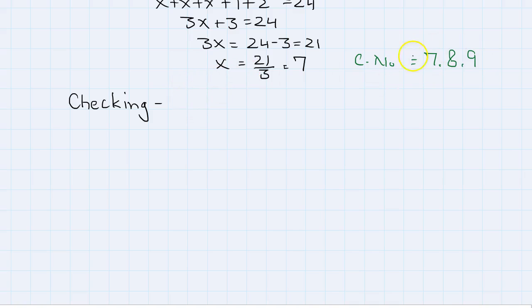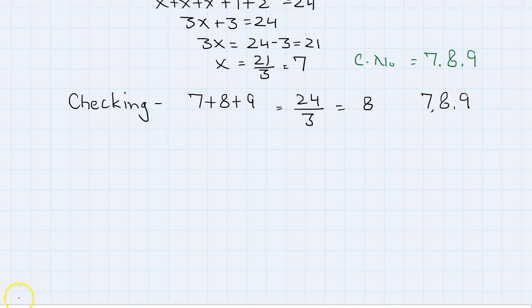Suppose we have these three consecutive numbers, you add them: 7 plus 8 plus 9 is 24, divided by 3. This will work only for three consecutive numbers, so you will get 8. So 8 is the middle number, so the previous to 8 will be 7, and after 8 it will be 9. That's how you can check your answer also.